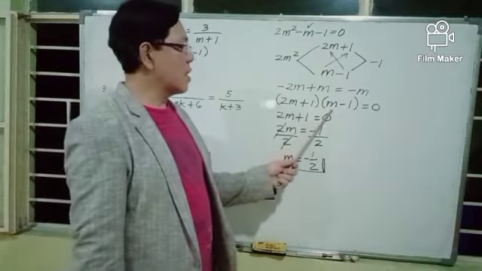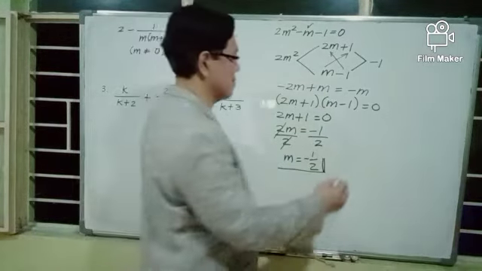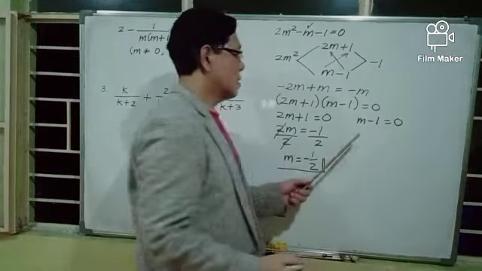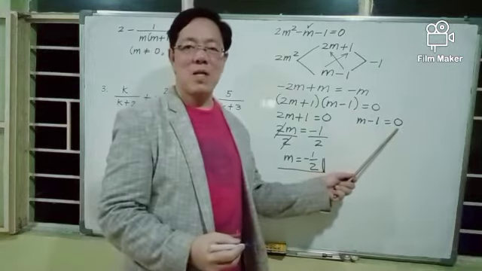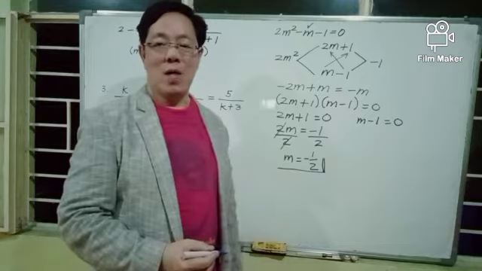We also equate the other factor, m minus 1, to 0 and solve for m. We simply transpose -1 to the right hand side. It becomes +1. And you get m equals +1.